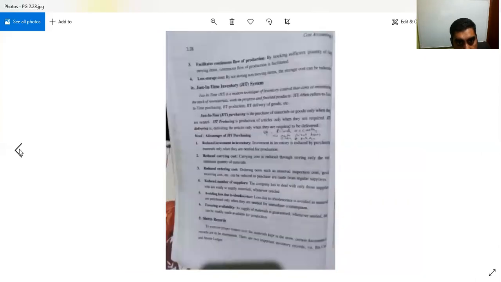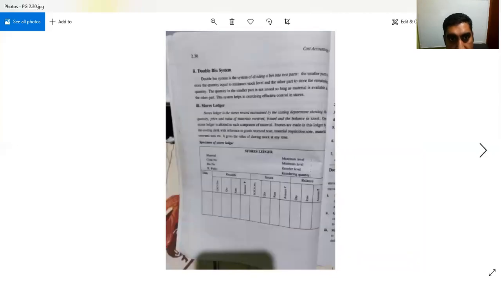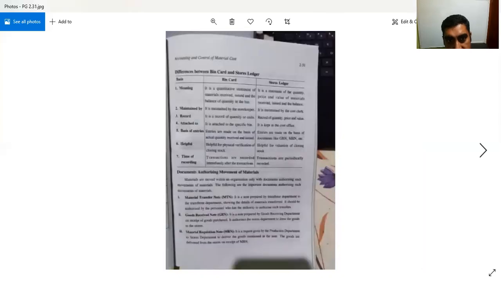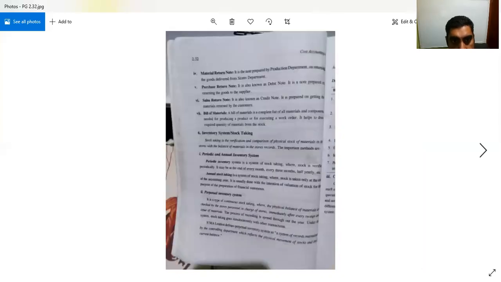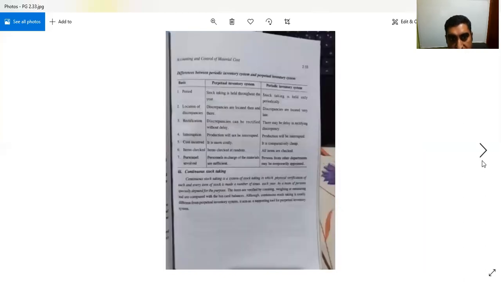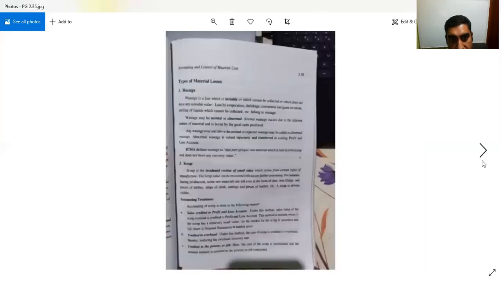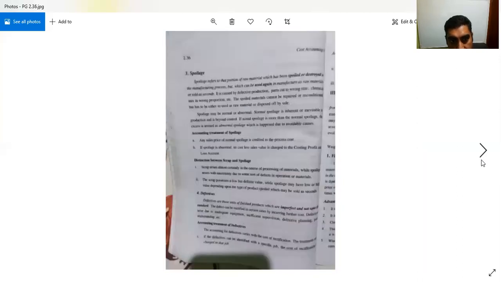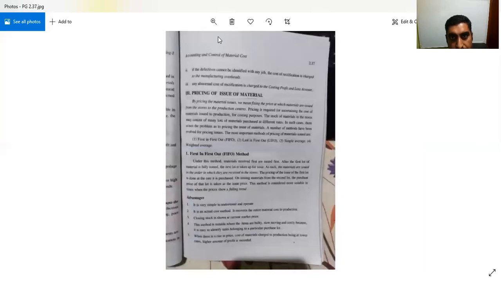Bin card, stores records like a bin card, then double bin system, stores ledger. Then comes, what is that, 6th, the inventory system or stock taking, where the periodic inventory system, perpetual inventory system, continuous stock taking is there. Then types of material losses, spoilage, defective, like that. Okay.